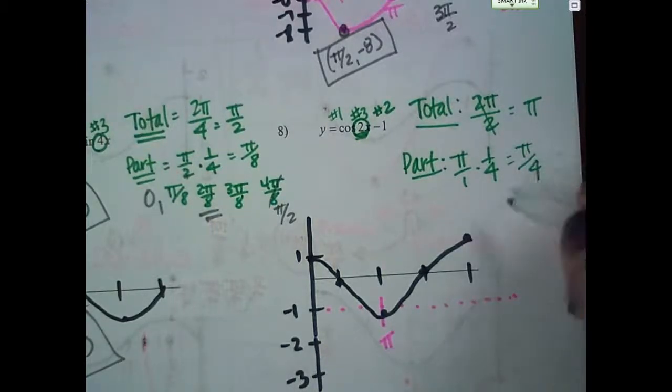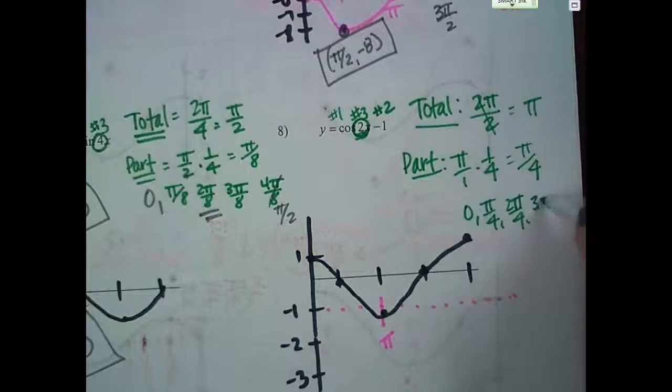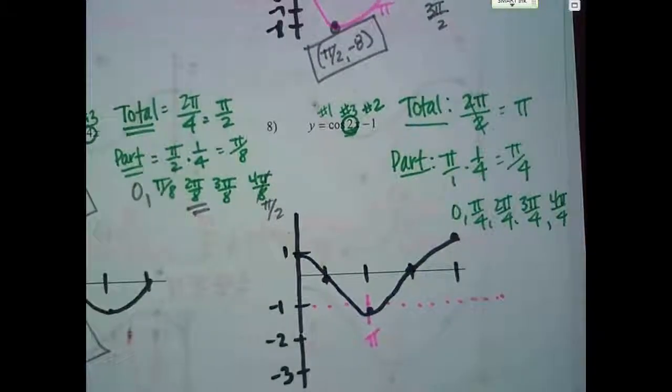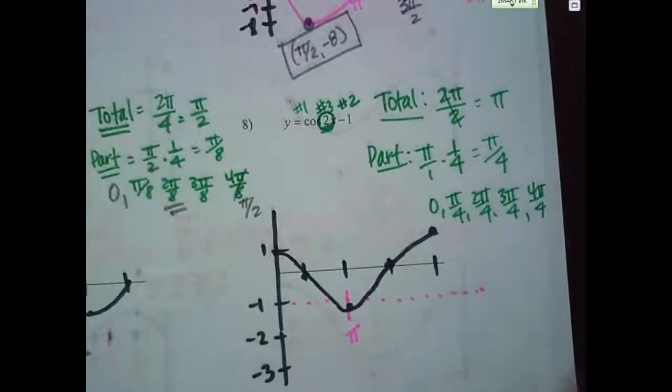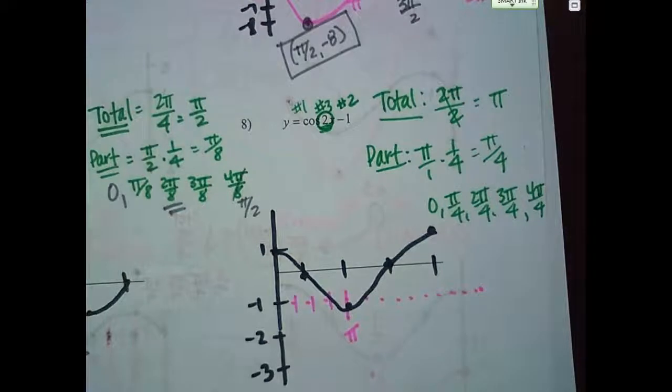So you're going to list your parts: 0, 1 pi over 4, 2 pi over 4, 3 pi over 4, and then 4 pi over 4. This is your 5 marks. Now graph it.